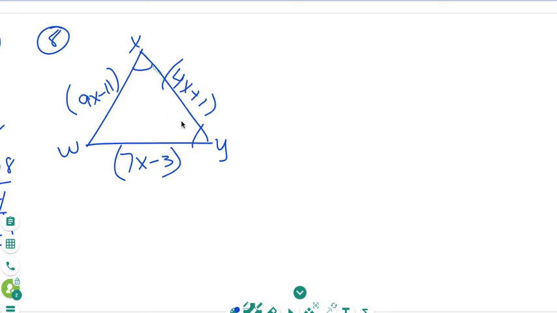They tell us that WX is 9x minus 11, XY is 4x plus 1, and WY is 7x minus 3, and we're to find x. So we know that if we have congruent angles in a triangle, that the sides opposite them are congruent. So we can take 9x minus 11 is equal to 7x minus 3.